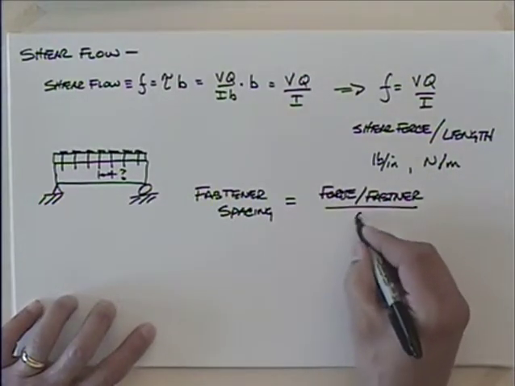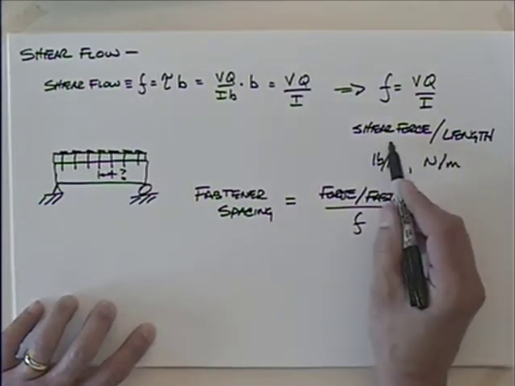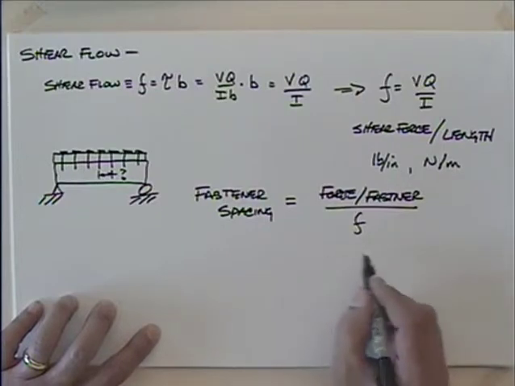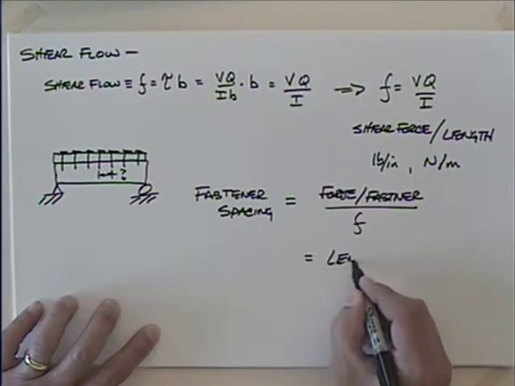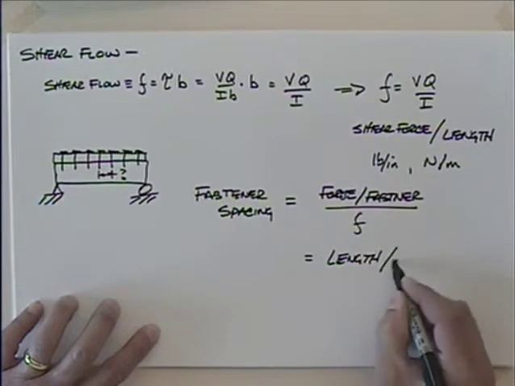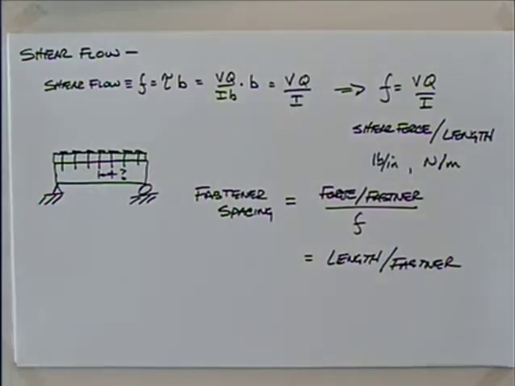And then I divide this by the shear flow, which is the shear force per length. So when I get done with this, I end up with length per fastener. Okay, so I know how often to place the fasteners. It could be a screw, or it could be a nail, or it could be so much glue, or it could be so much weld, depending on what we're going to do.